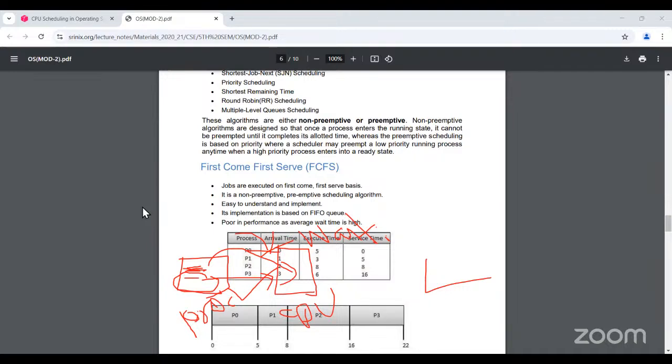Let us say we watch a movie. After watching up to this point, we stop the play. When you click on play again, it will resume wherever you stopped. It will not start from the beginning.